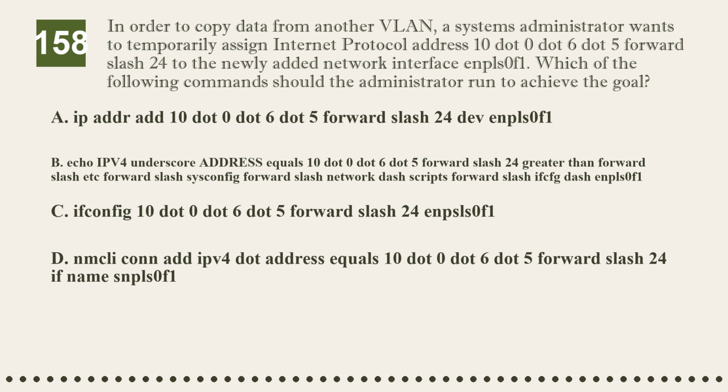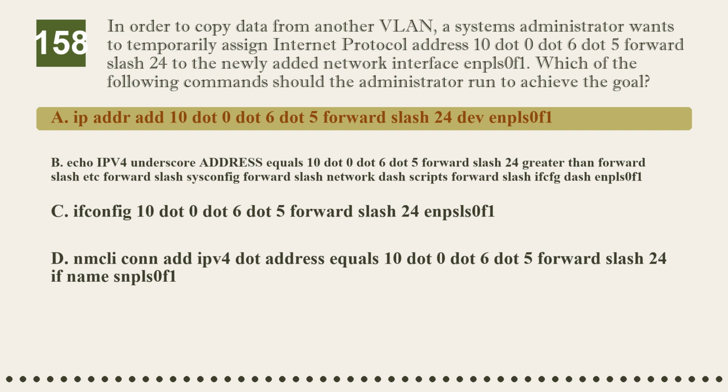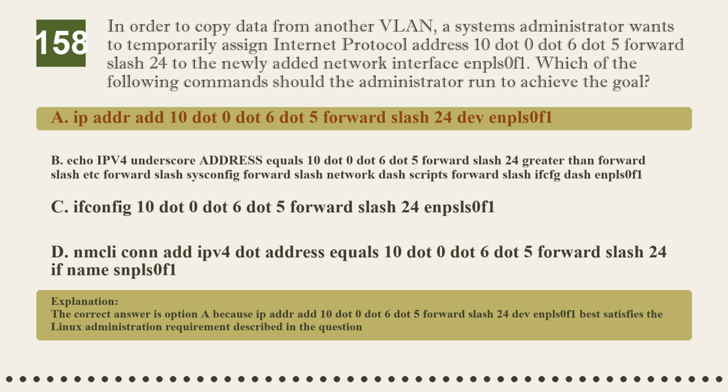Option C, ifconfig 10.0.6.5/24 enp1s0f1. Option D, nmcli con add ipv4.address=10.0.6.5/24 ifname enp1s0f1. The correct answer is option A because ip address add 10.0.6.5/24 dev enp1s0f1 best satisfies the Linux administration requirement described in the question.